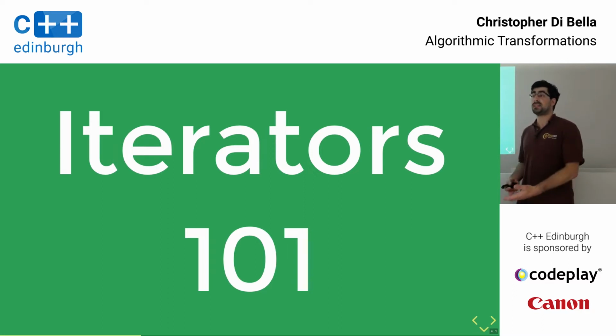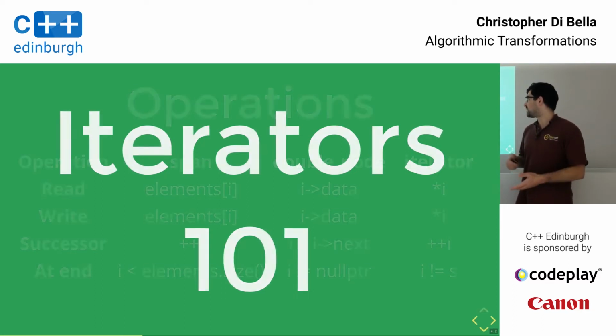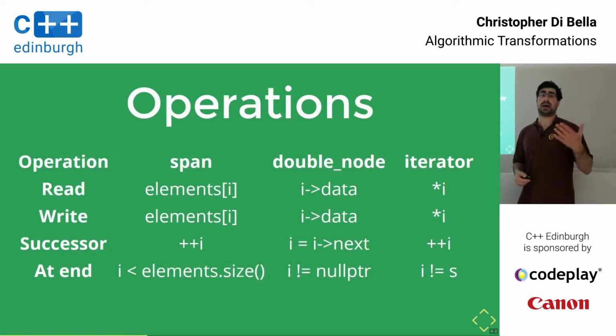They can follow our interface, and then they'll be able to be supported by Find as well. Now, an iterator is a generalization of a pointer, which means that all pointers are iterators, but not the other way around. And that means that we can look at using iterator syntax to refer to elements.